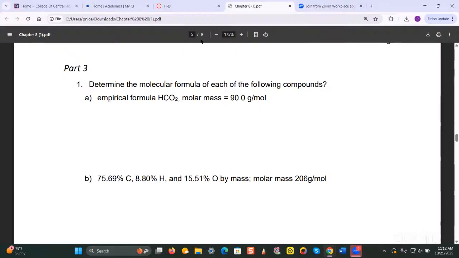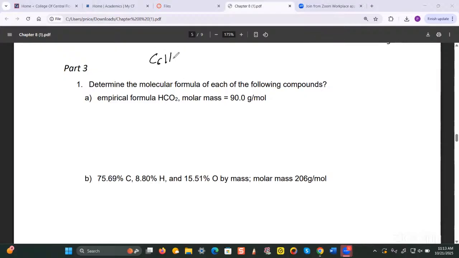Okay, so let's say you're given the formula for glucose, which is C6H12O6, right? So what that tells you is that for every molecule of glucose, there are 6 carbon atoms, 12 hydrogen atoms, and 6 oxygen atoms, right? So this is the molecular formula for glucose. The empirical formula, on the other hand, does not give you the numbers of atoms per molecule.